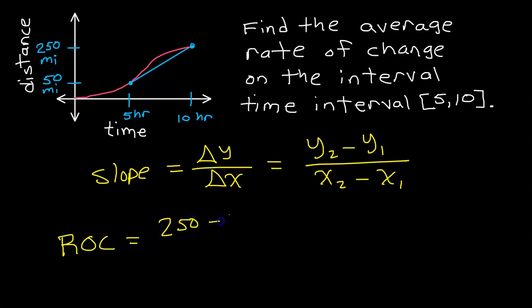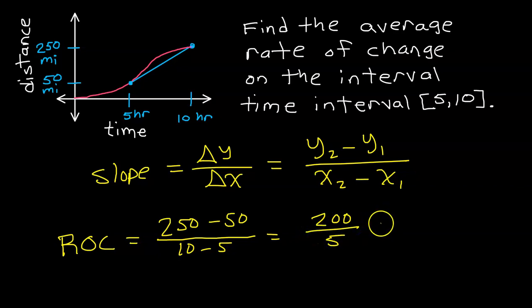And the change in x is going to be 10 minus 5. So that's going to be 200 divided by 5. So that's going to be 40 for an average rate of change of 40 miles per hour.